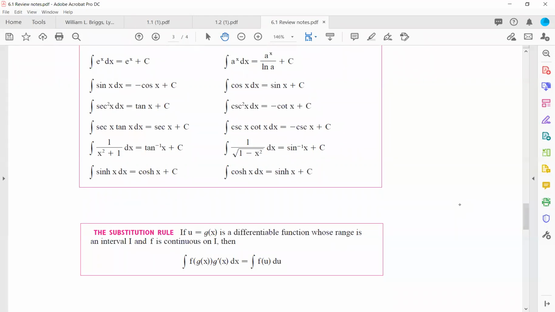The integral of f composed with g times the derivative of g is equal to the integral of f of u du. So we can simplify an integral by using substitution.